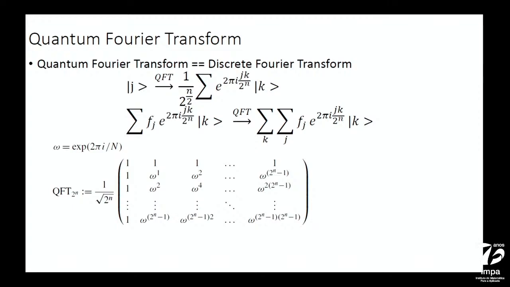So this is how I wrote it. In that case, I define it on an element of a basis, so then I can define it on the whole linear space. Here I wrote the formula. And the idea is that if capital N is 2 to the power small n, and I will occasionally confuse them, then this is the matrix of this transformation.